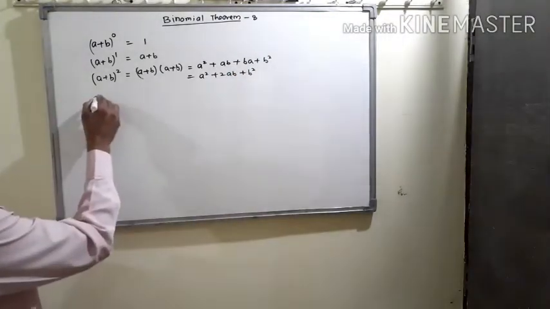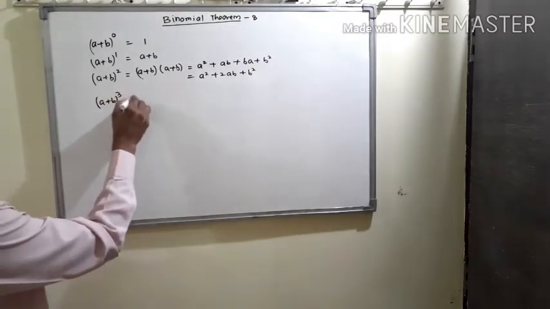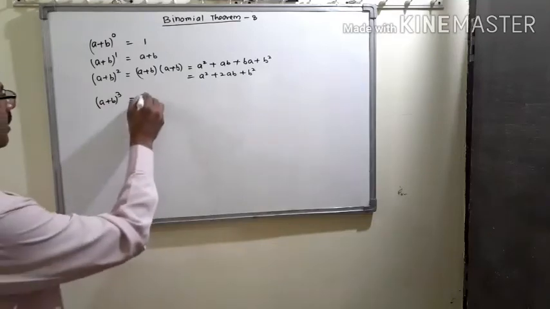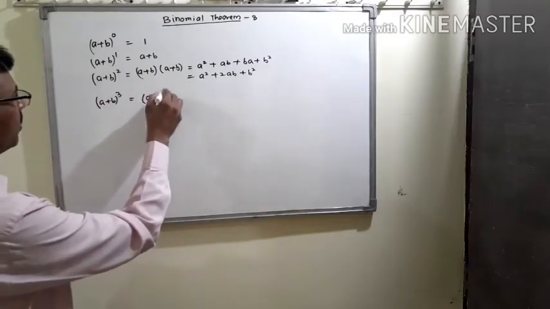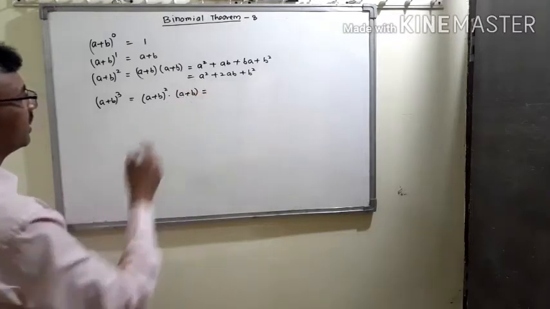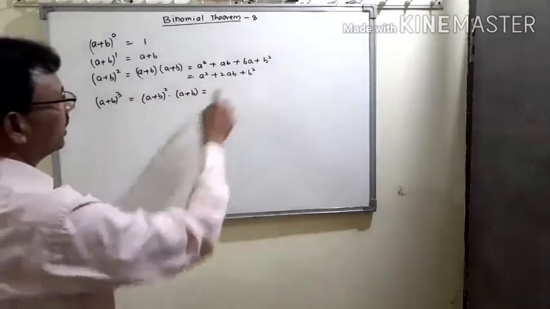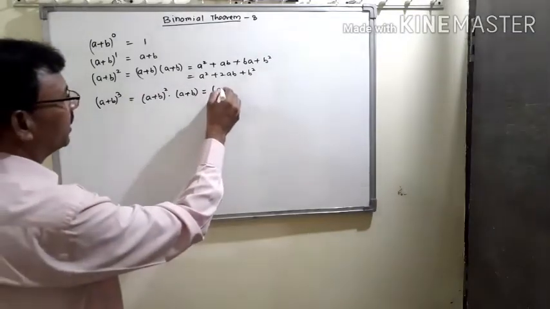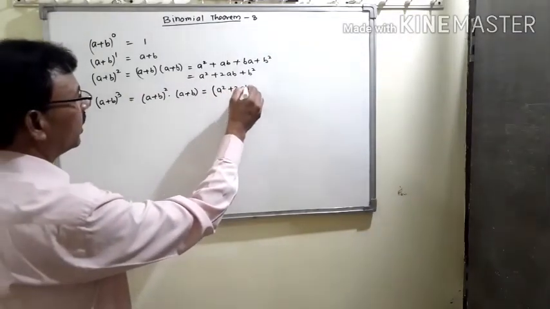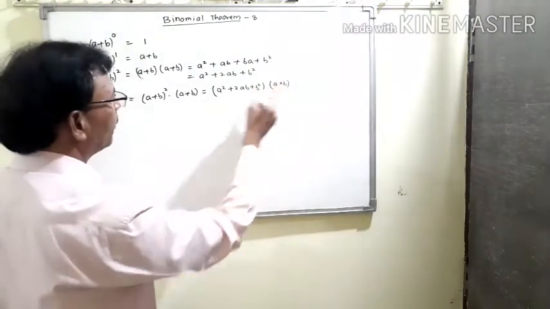If we expand (a plus b) whole cube, then this will be (a plus b) whole square into (a plus b). Since (a plus b) whole square is equal to this, we can write (a square plus 2ab plus b square) into (a plus b).